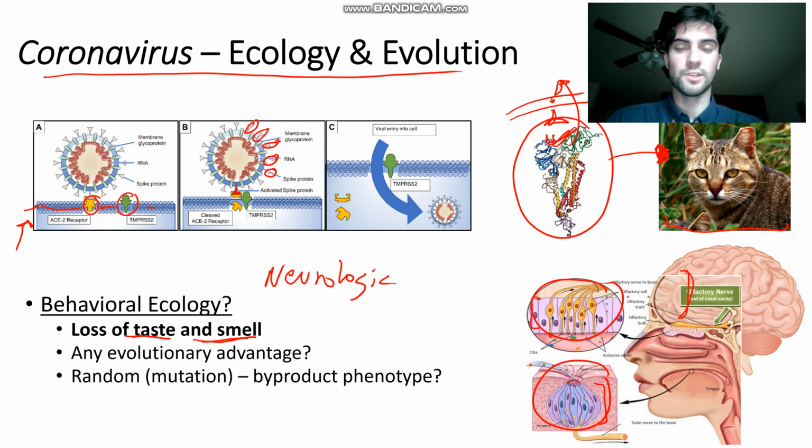Does losing taste and smell make the virus able to spread more easily? I don't know. Is it just a random byproduct phenotype? So these are questions that I don't have any answer to, but just to make you think about it, because maybe there is some advantage in making the host lose the sense of smell and taste.